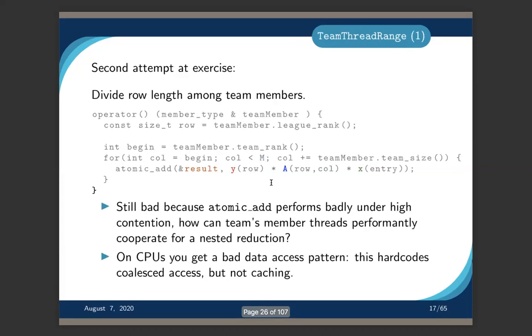The problem with that is it's still bad, because the atomic add is still there. So we need to figure out how to fix that. And the other problem is that the data access pattern is bad. What I actually implemented here is a data access pattern which gives you coalescing, but not caching. So from a data access pattern perspective, this would perform well on a GPU, but would perform badly on a CPU.